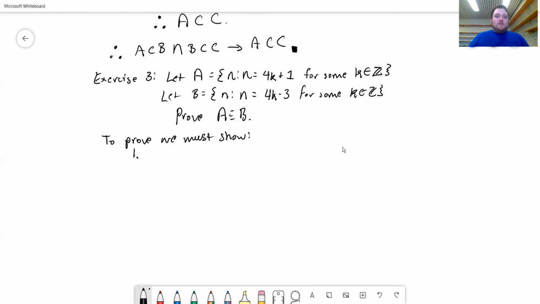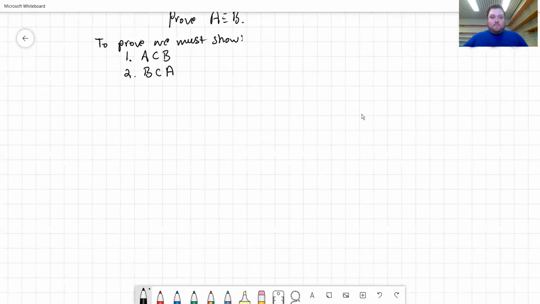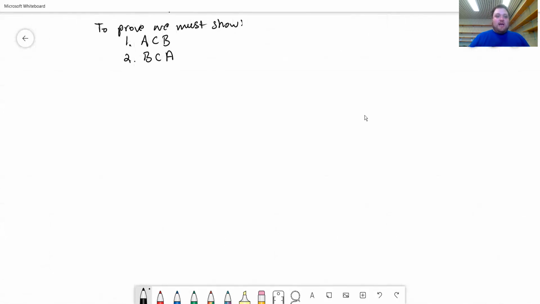One, that A is a subset of B, and two, that B is a subset of A. Okay, so to show part 1, A is a subset of B, first, let X be an element of A.